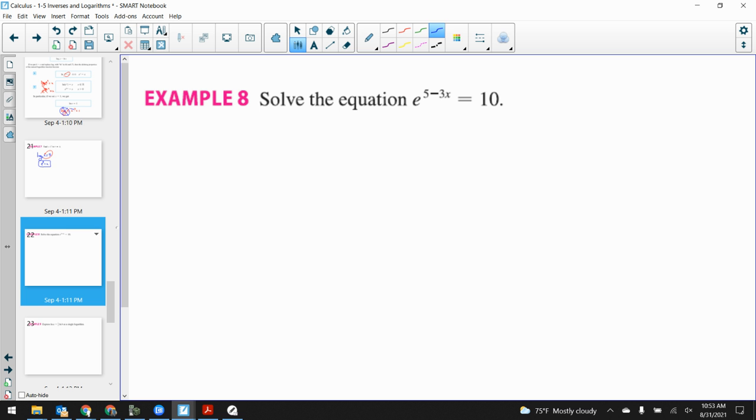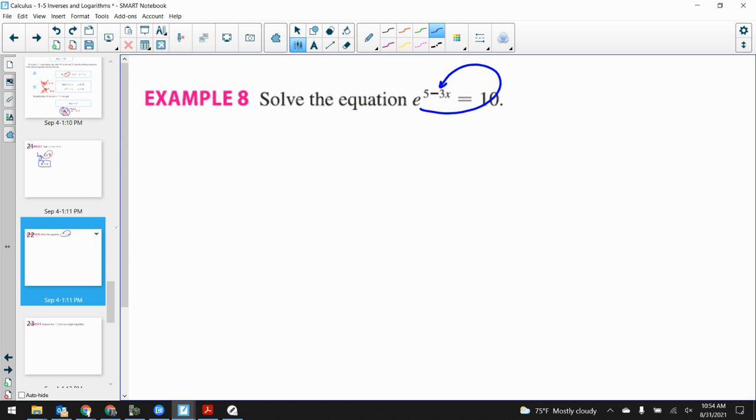Let's take a look at the next one. Solve the equation e to the 5 minus 3x is equal to 10. If I want to solve an exponential equation, solve for an exponent, that means I need to turn it into a logarithm. So let's spiral this. It's already set up in exponential form.